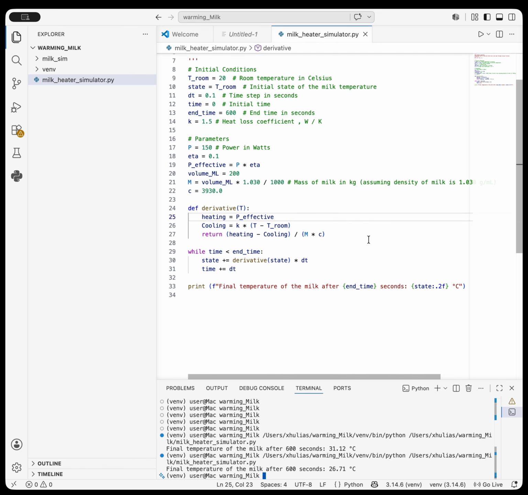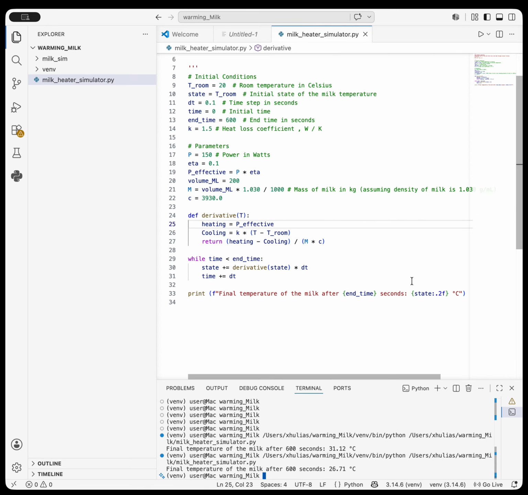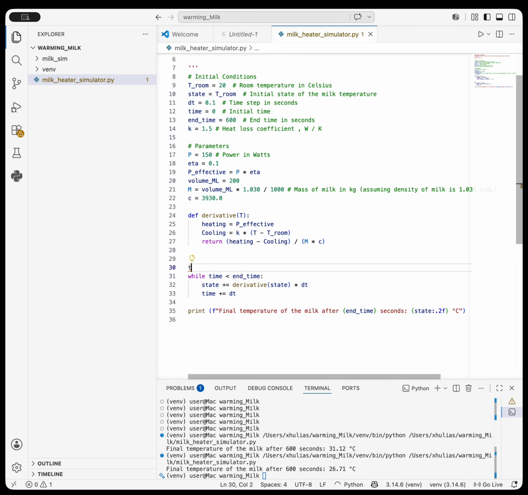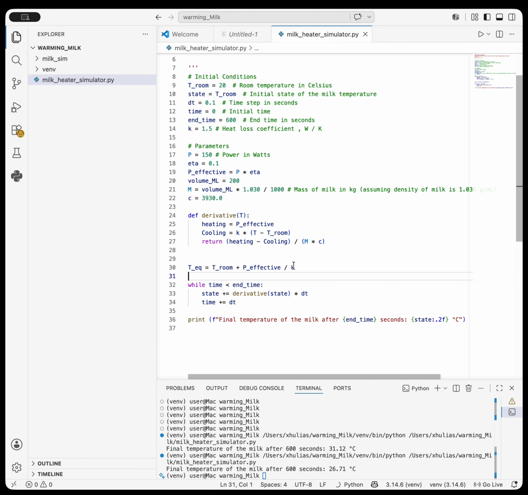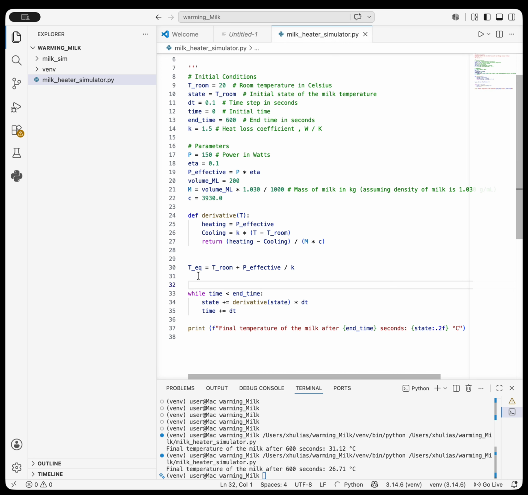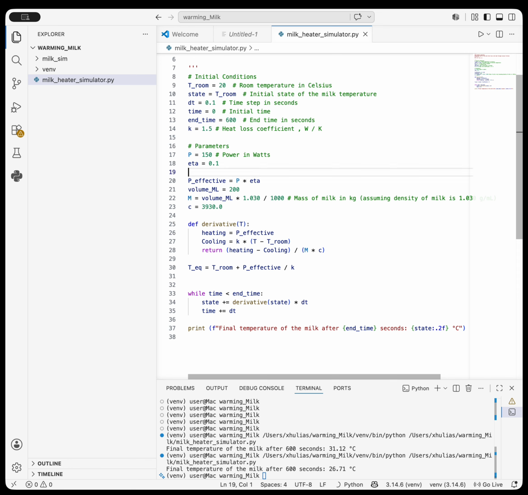We can actually compute that equilibrium temperature using simple physics: the equilibrium temperature is equal to the temperature of the room plus the effective power divided by K. And here we are going to have a check, because if the equilibrium temperature is at a certain point, then the milk doesn't heat up more than that.